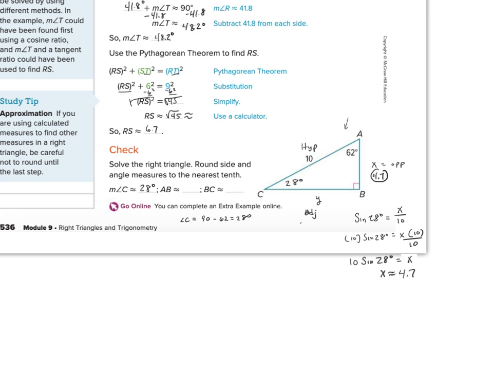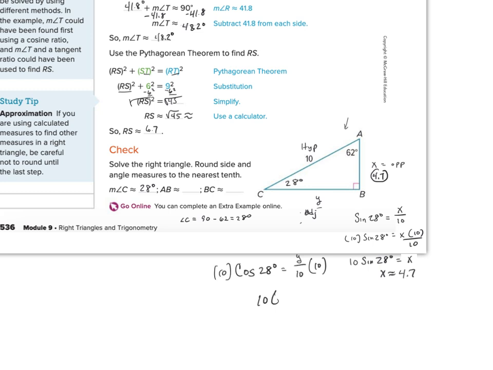Now I could use the Pythagorean theorem to calculate the following side, but a lot of my students, once we learn trig, won't do that. So I know that y is the adjacent side, so I could use, again, the cosine of 28 degrees. The adjacent over the hypotenuse is going to be y over 10. And then again, multiply both sides by 10.